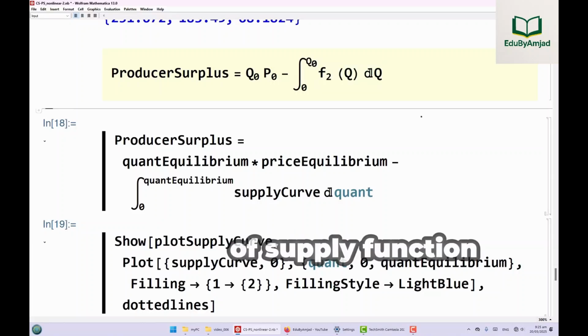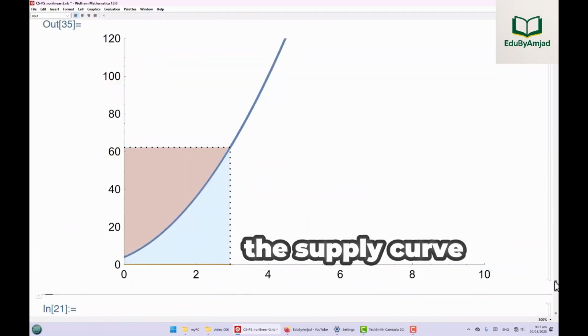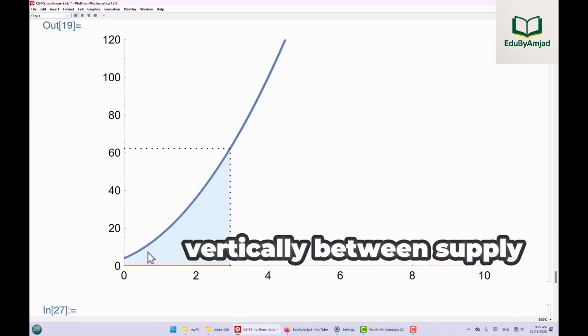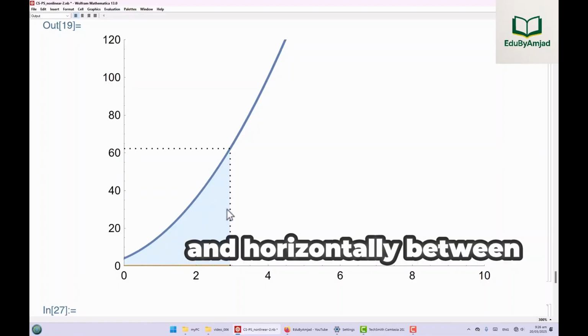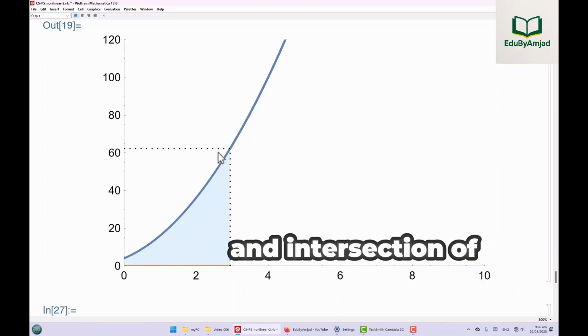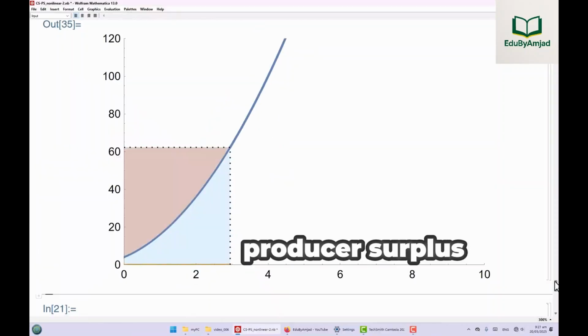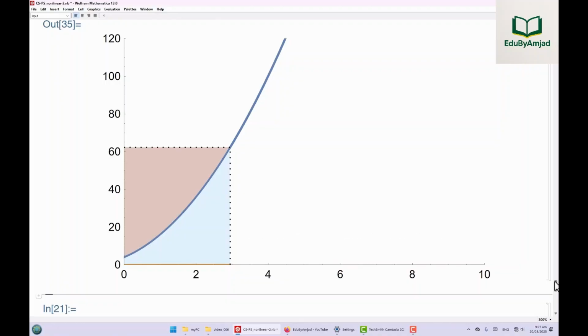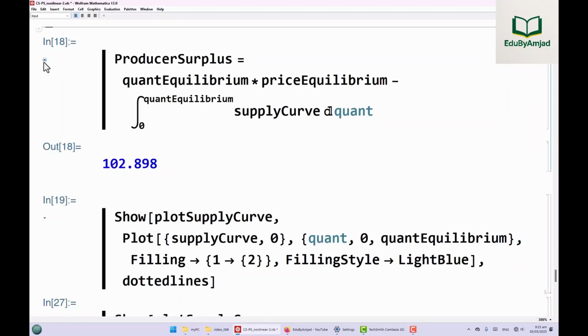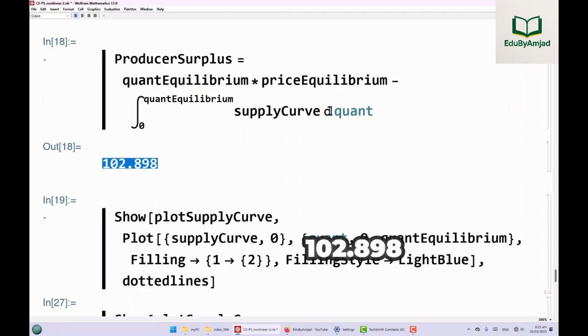This is the integration of the supply function showing the area under the supply curve, vertically between the supply curve and the x-axis, and horizontally between the y-axis and the intersection of the demand and supply curves. The result is producer surplus, the area above the supply curve and below the market price line. The value is 102.898.